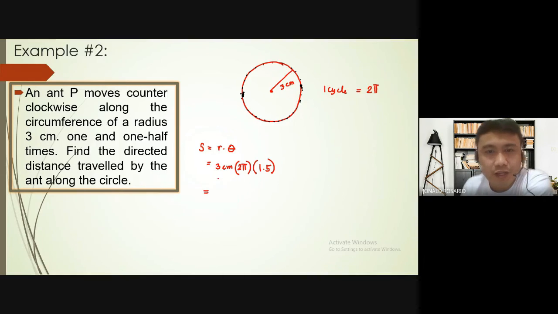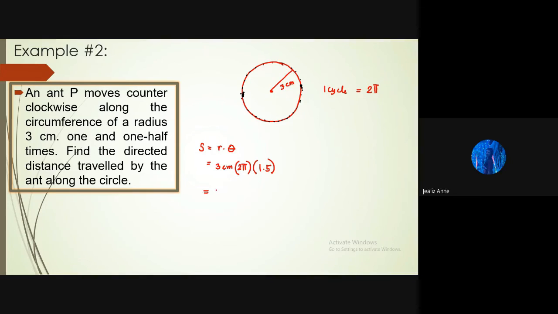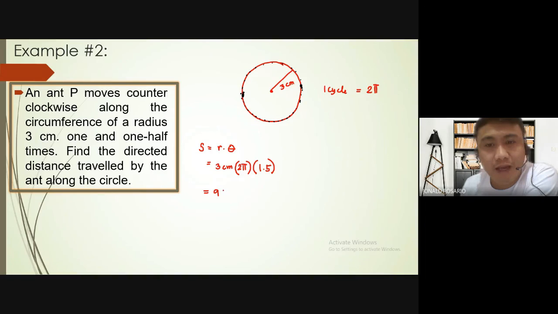Okay? So, ano yung sagot natin dito? If you're going to multiply all of these, Jilis and Joshua, what is our answer? 9 pi centimeters.